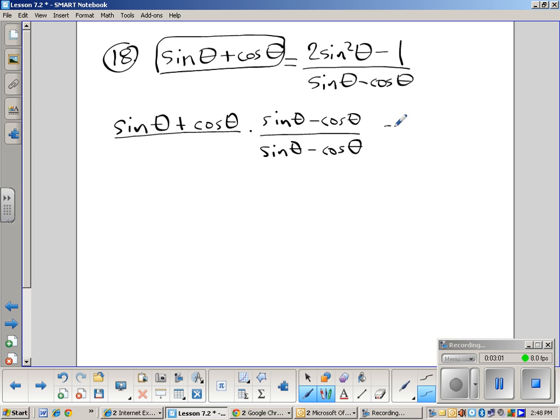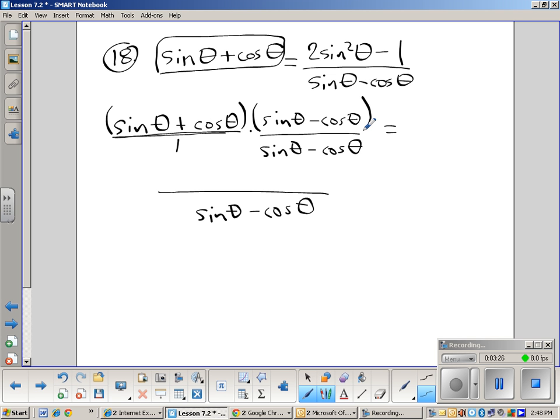And so I'm going to multiply both top and bottom here by sine theta minus cosine theta. And the other side, I'm not going to rewrite all the way. It's just going to carry down. I'm going to transform the left side into the right side. And so on the bottom now, remember that's over 1, I'm just going to have sine theta minus cosine theta. And on the top, what I've turned into is the difference of 2 squares.